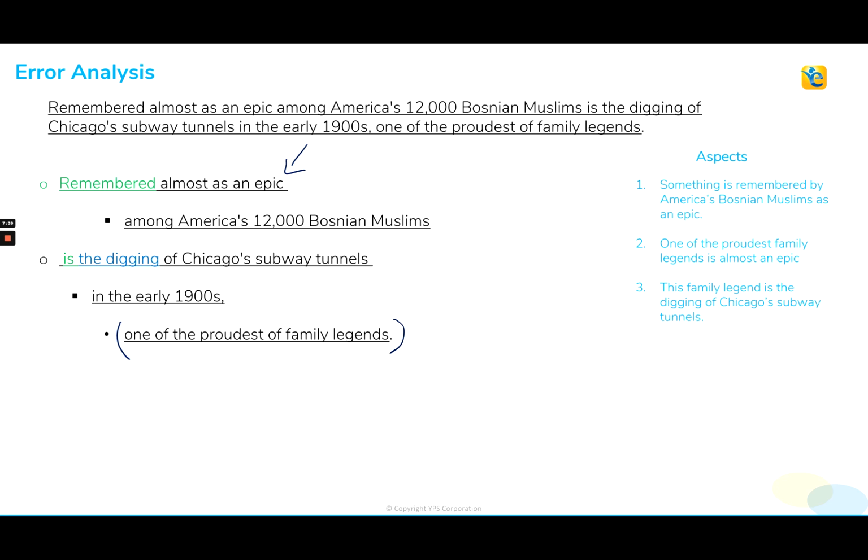And this is where the beauty of a completely underlined sentence comes in, because we can completely rearrange everything to really make our sentence inclusive of this modifier that has kind of been left out of this structure altogether. So let's get to work and see if we can find an answer choice that does what we need it to do, both from the meaning perspective and from the structural perspective.